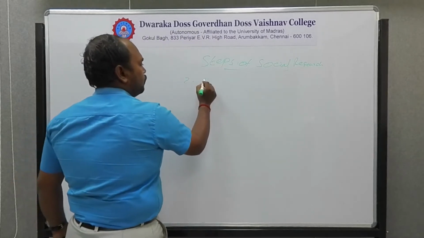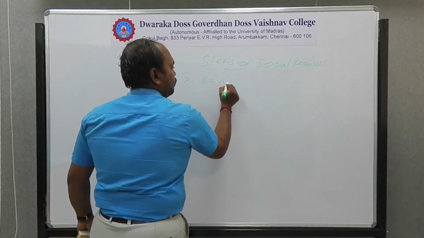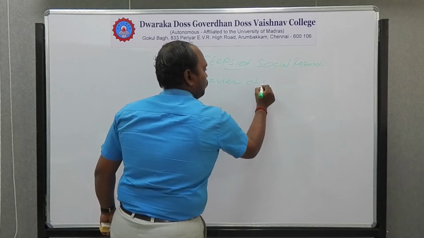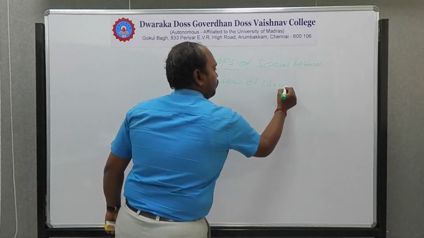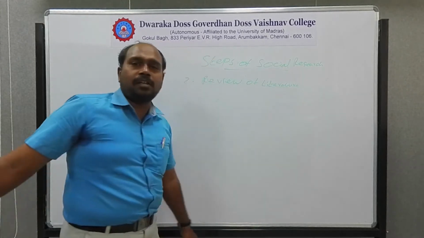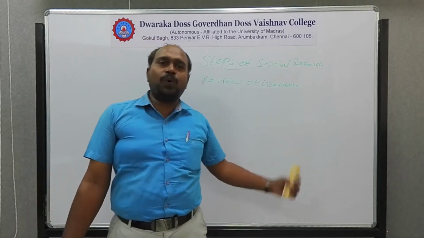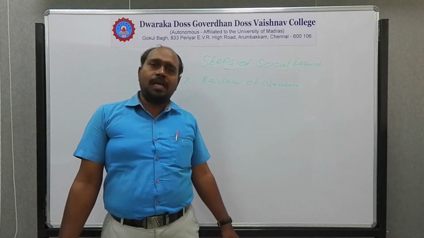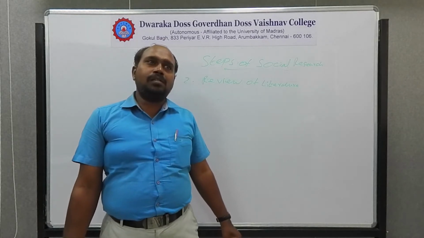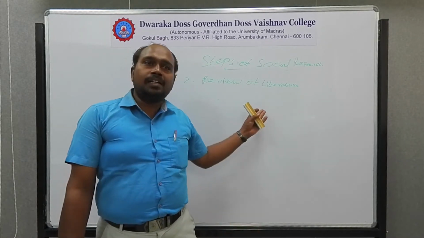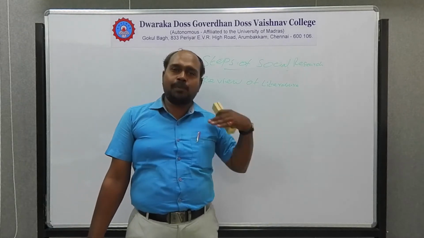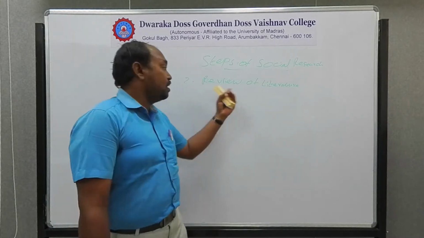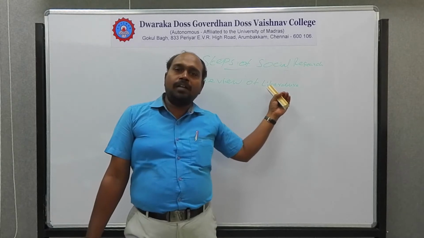Number 2, review of literature. After selecting the research problem, you have to go for attaining the knowledge, because the researcher is not an expert in the research problem. So to make him an expert, he has to go for review of literature.